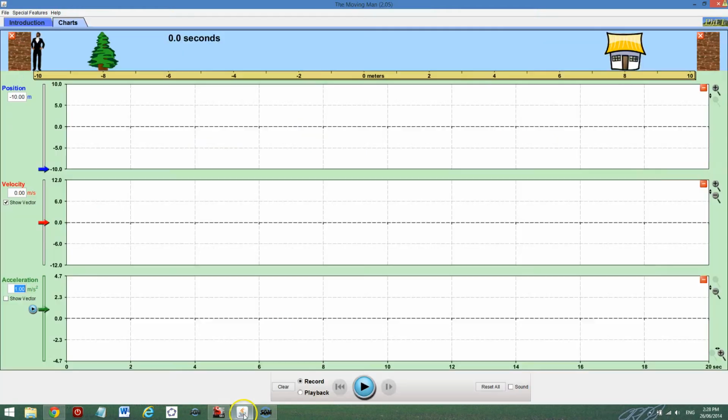It means that the velocity of the object increases by 1 meter per second every second. That's what it means. Just have a look. It starts slow.